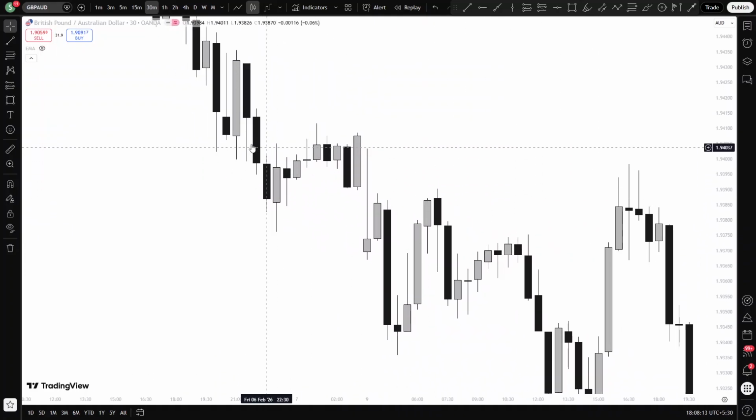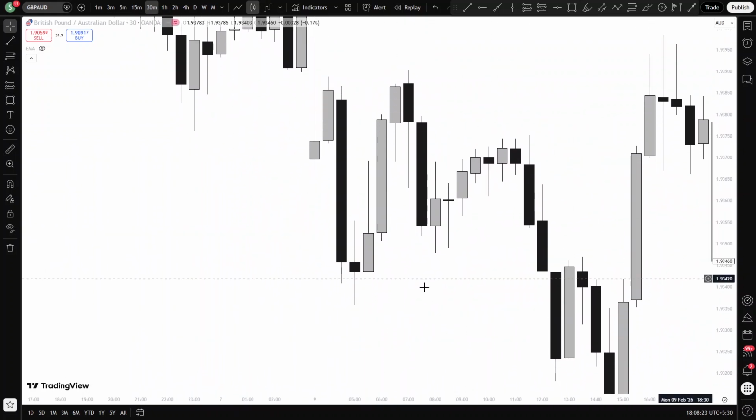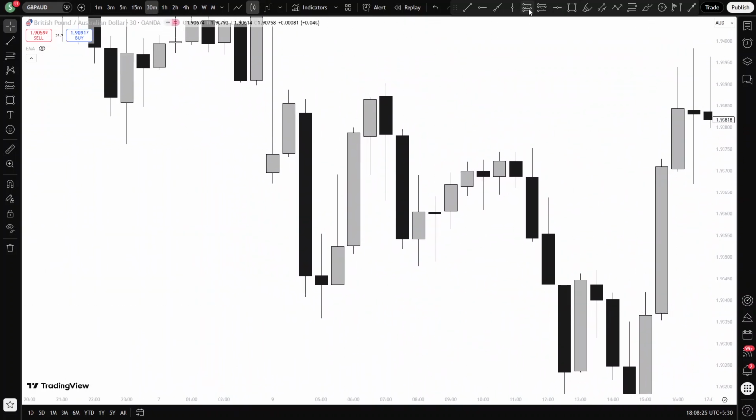So if you look at this, we do not have any fair value gap here. Why? Because the wicks have been meeting. Okay, the only fair value gap which we have here is this one. Okay, this is the fair value gap which we have.